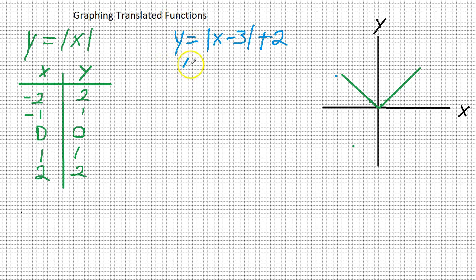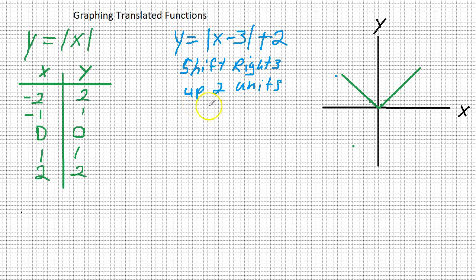All right, we're going to shift or move right 3 and up 2. Because k is a positive 2. And so up 2 units. So we'll shift right 3 units and up 2 units.